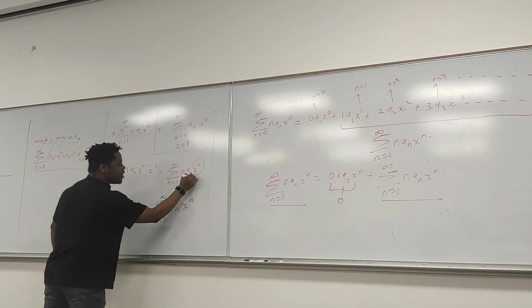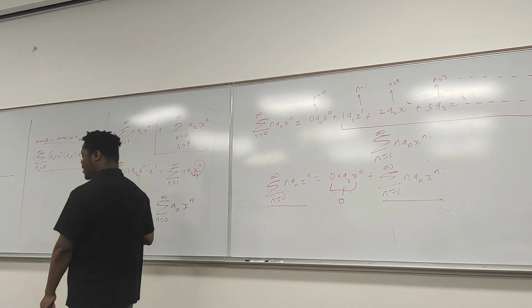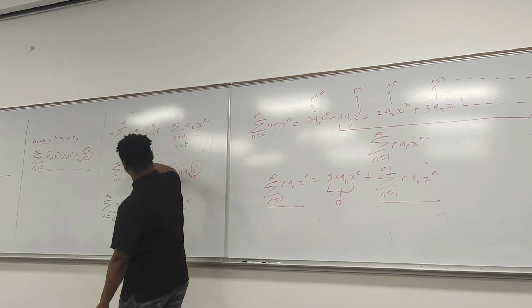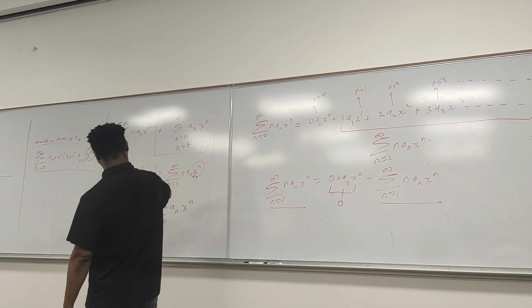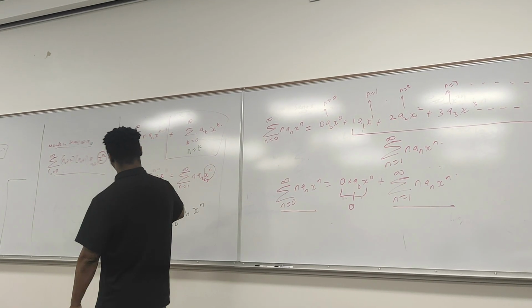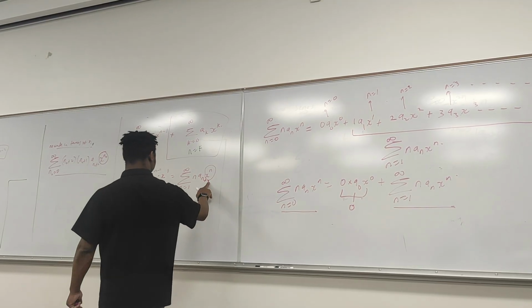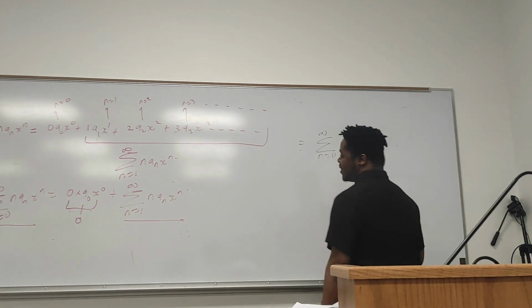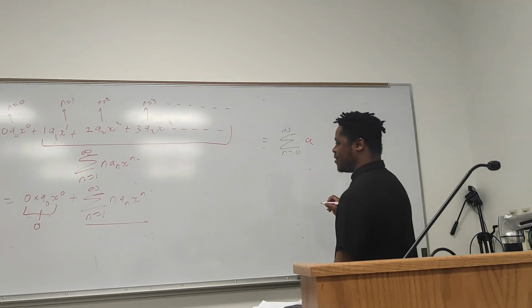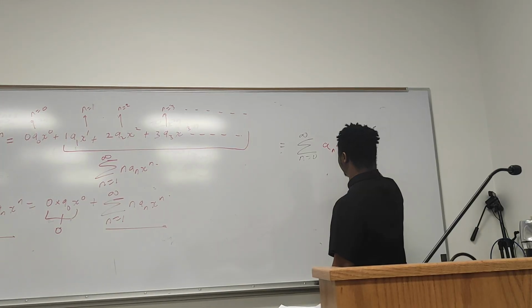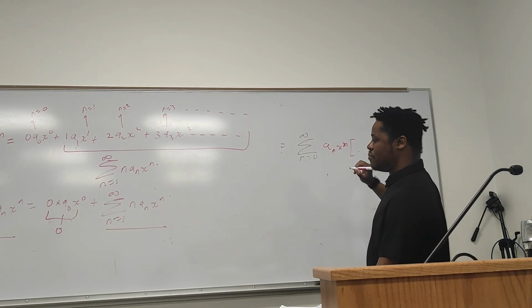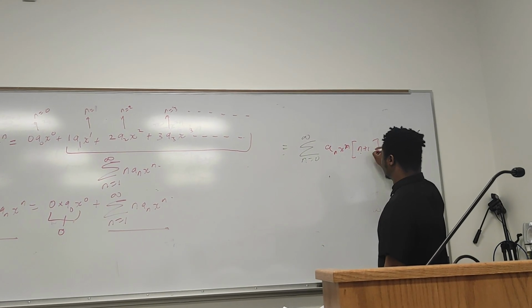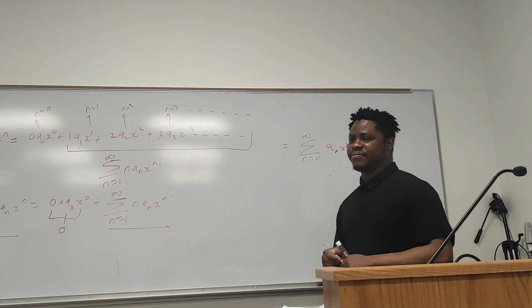This is a_n plus 1, right? I think I missed something here. Because n is n plus 1. Is that correct? Did I miss something? No, I did not. Sorry. I thought I did. I just want to be sure I didn't make a mistake. Okay. a_n x^n times n plus 1. Okay, that's what you got.